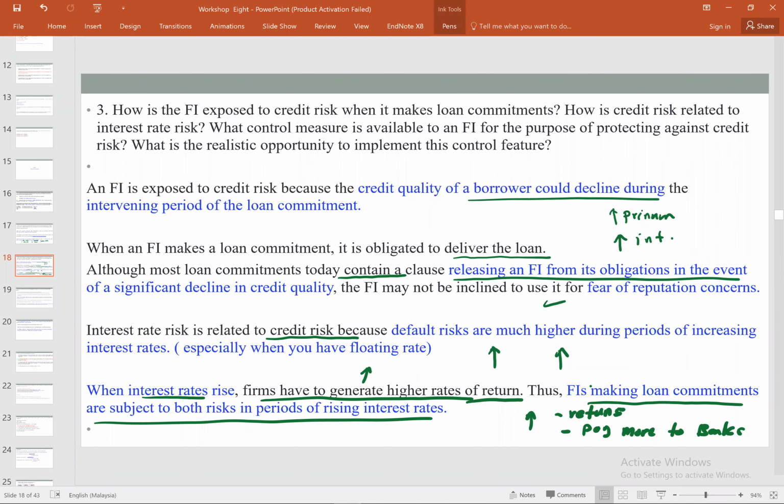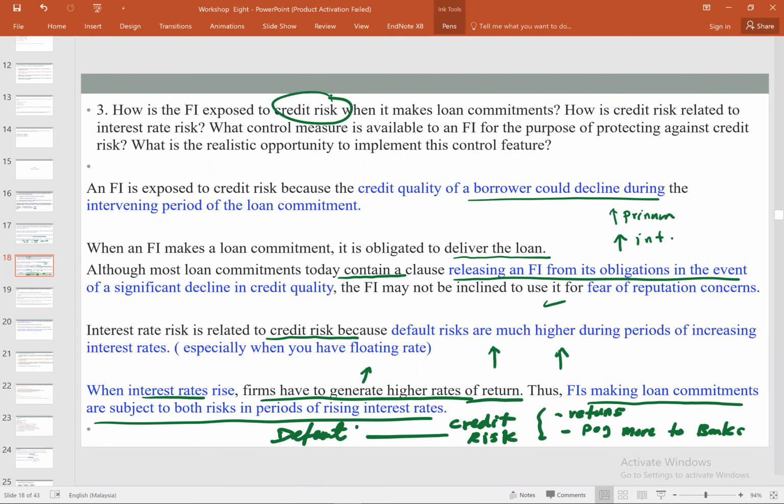All of this creates credit risk, which means the client may default. This is the issue of how this credit risk can be created from loan commitment because of the changes in the interest rate.